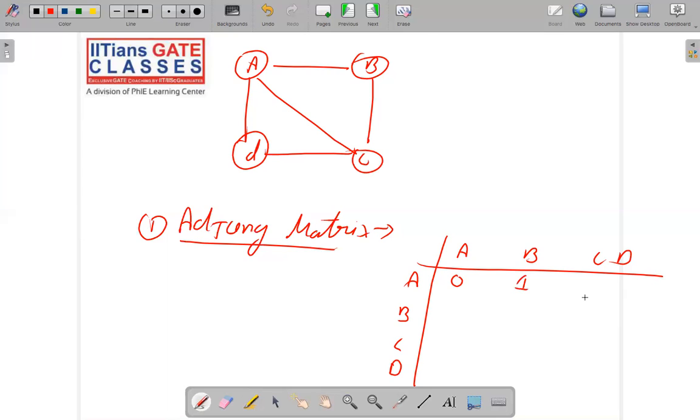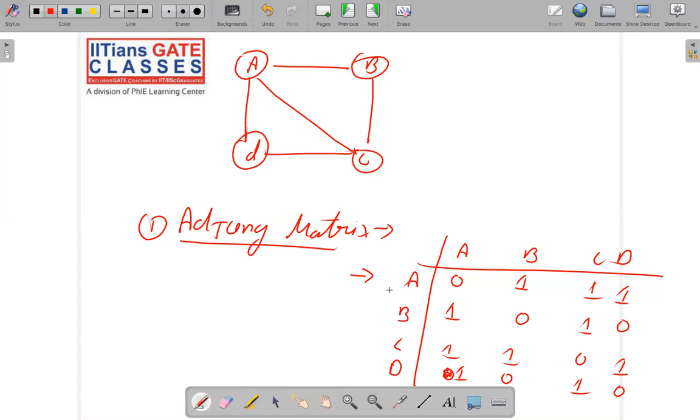Edges A to C and A to D, we write 1 and 1. From B to A, we have an edge. From B to B, we don't. From B to C, we have an edge. From B to D, there is no edge, so 0. From C to A, B, and D, we have edges: 1, 1, 0, 1. From D, we have A and C: 1, 0, 1, 0. So this is how we can represent it.